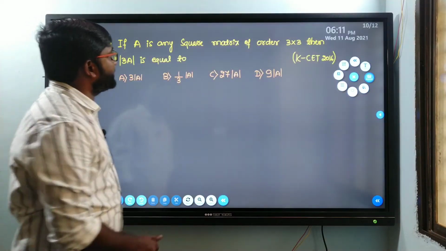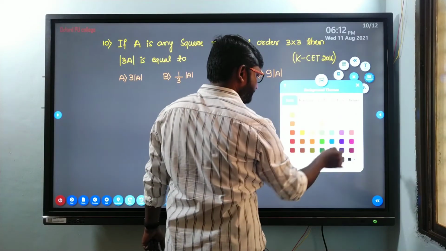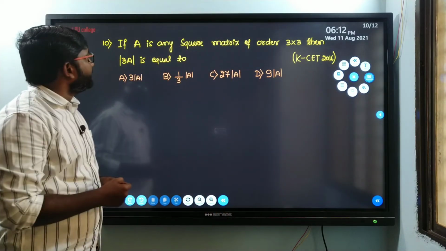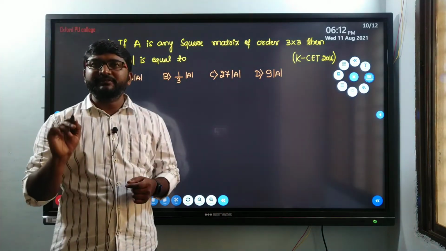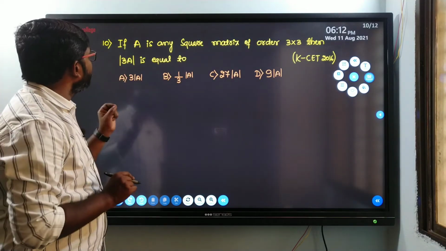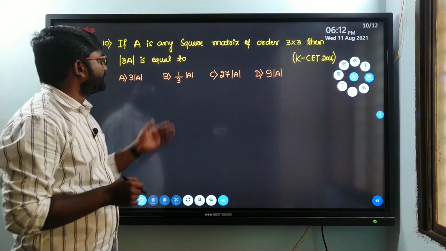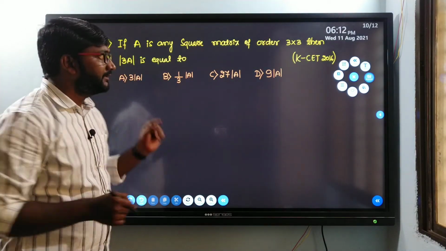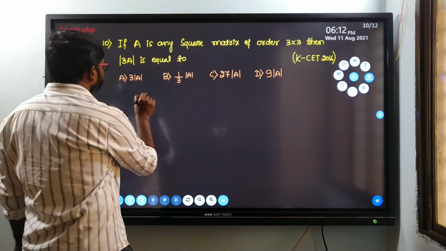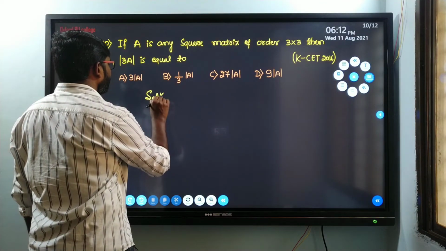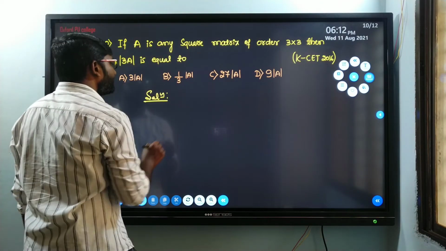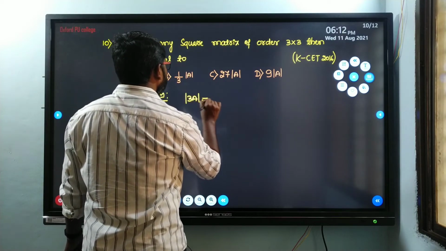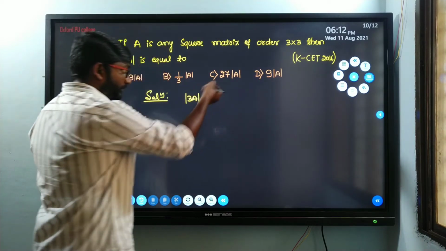Let us go ahead with the next question. If A is any square matrix of order 3 by 3, then determinant of 3A is equal to. Almost similar questions they have given in the first year. This was asked in 2016. See here, determinant of 3A can be written as 3 to the power of the order of the matrix.